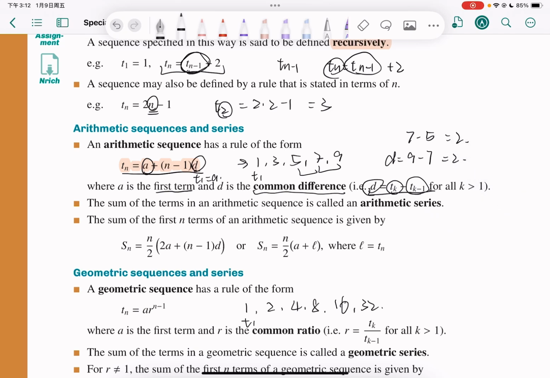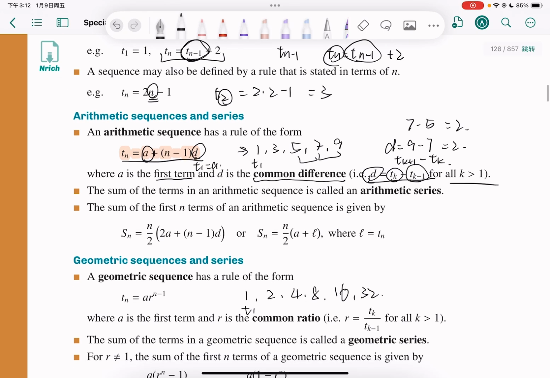So it does not matter which pair you take. You just need the pair next to each other, so Tk and Tk minus 1, or Tk plus 1 minus Tk, for all k greater than 1. This is an arithmetic sequence.